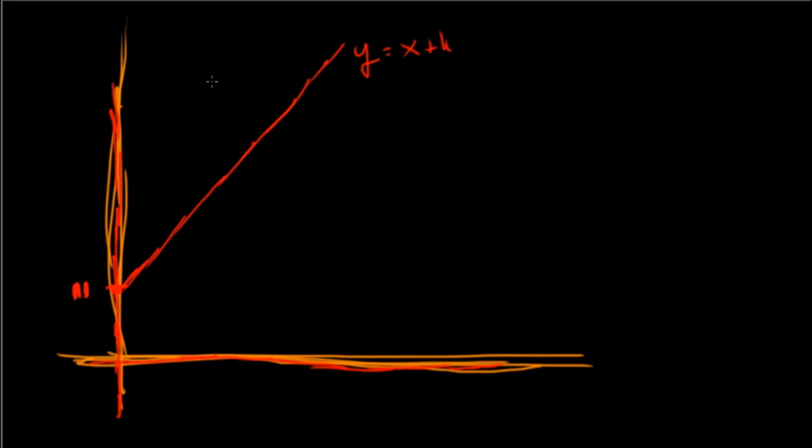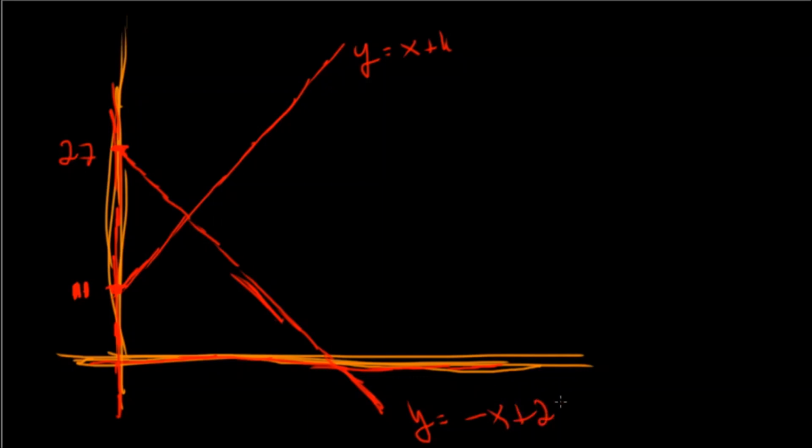We have y is less than or equal to negative x plus 27. So that's going to be like up here. Cool. And negative x, we're going to have a negative slope. And I'm going to go ahead and call this one right here y equals negative x plus 27.